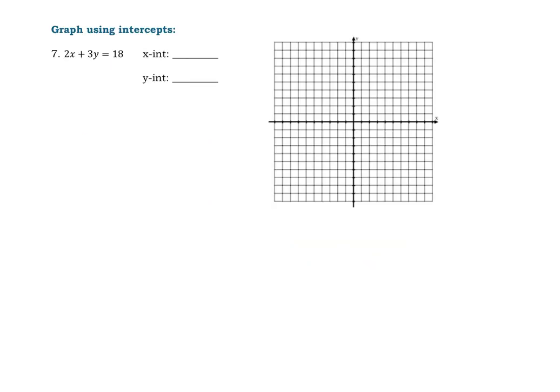Okay, so the last concept is just learning that if you don't want to manipulate, there's times you don't have to. There's times that you can graph by using the x and y intercepts. So to find the x-intercept, I just take the x portion and write that equation. To find the y-intercept, I take the y portion and set it equal, and solve each of these separately. Divide by 2, x equals 9.